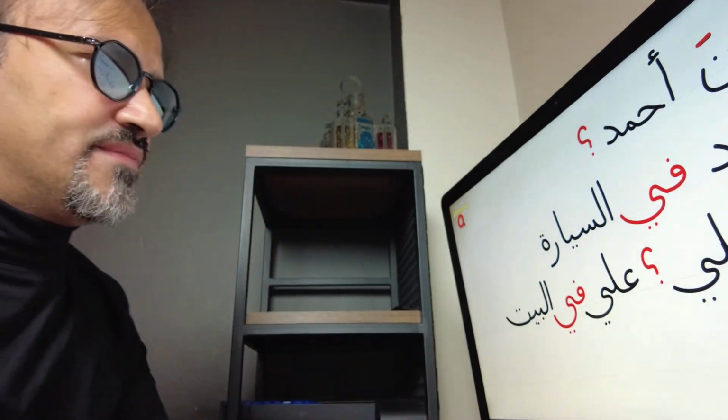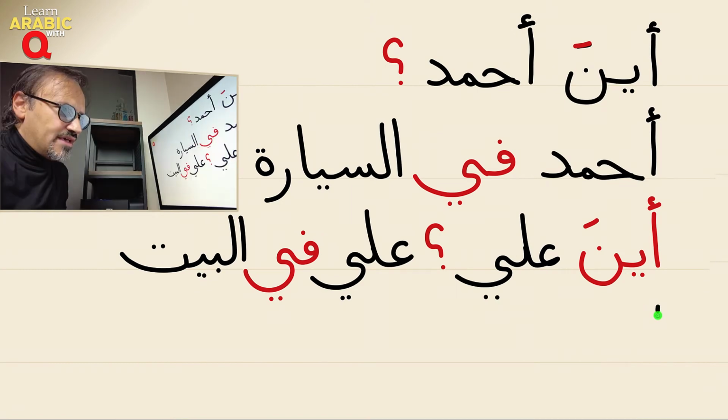Okay, let's take another example. Where is he? Now, remember, he and she in Arabic is هو and هي. هو is for the masculine, هي is for the feminine. هو, he, هي, she. Let's write that down. So here I will say أين هو?